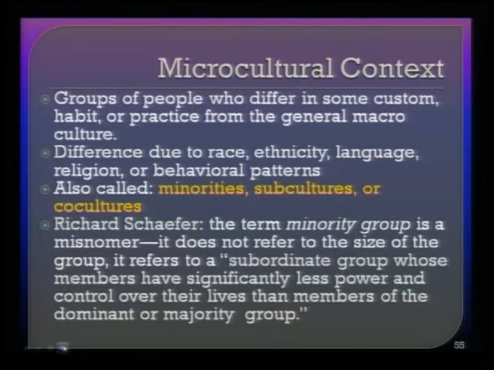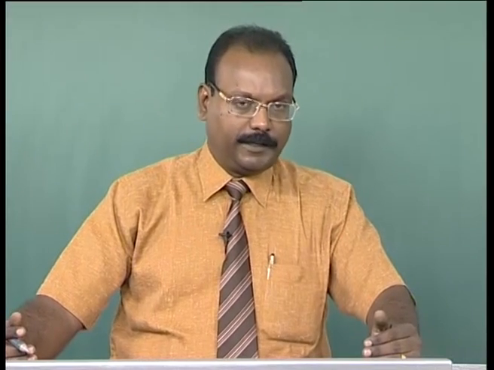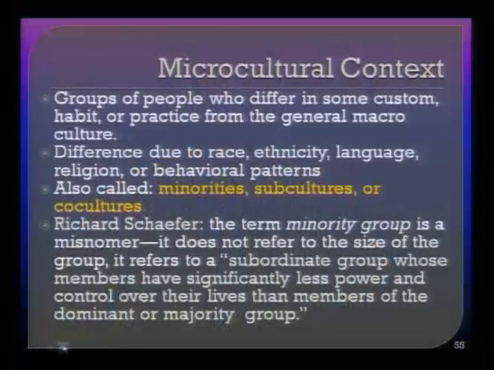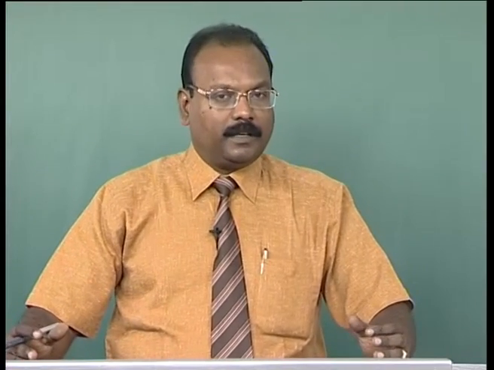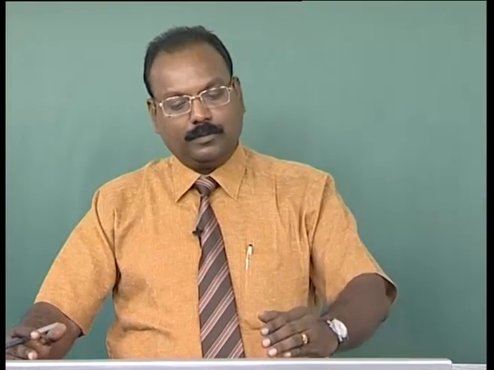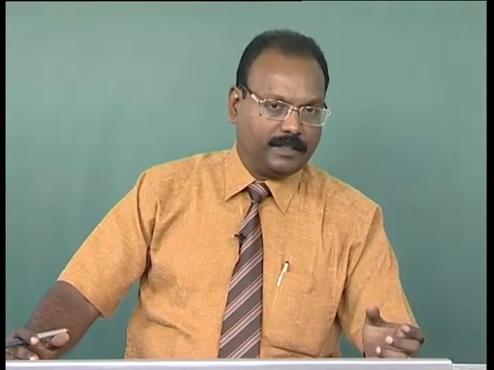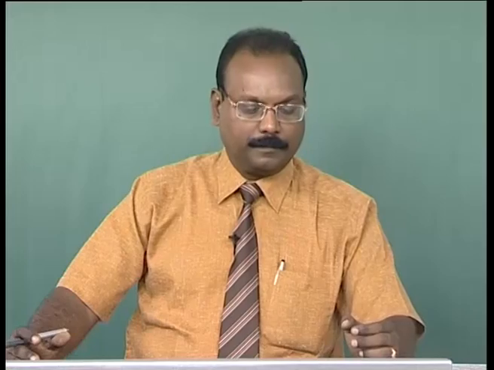Another aspect of this cultural variation is to be read under the microcultural context. Remember, at the beginning we looked at a layout in which culture is seen as the universally governing principle, but under which we also saw certain microcultural contexts which may deviate from the cultural norms.